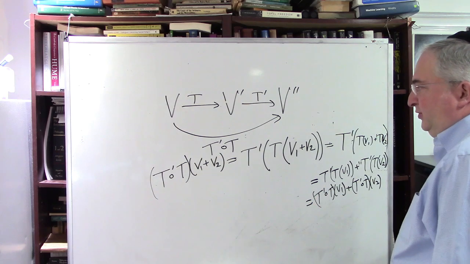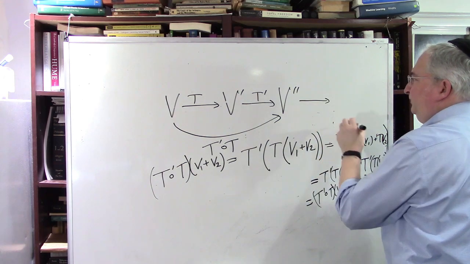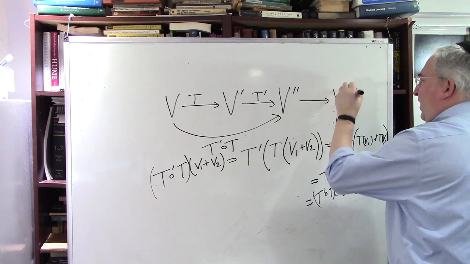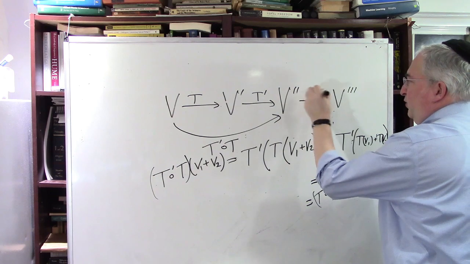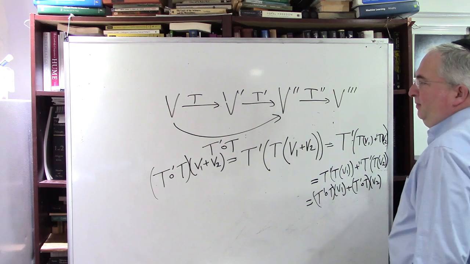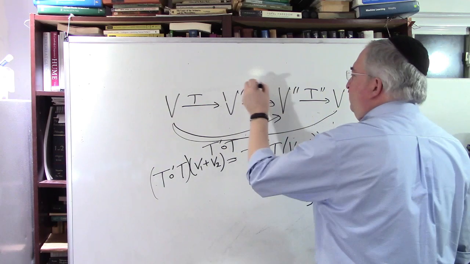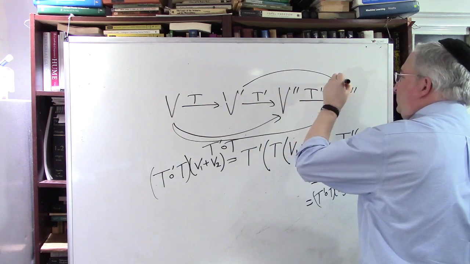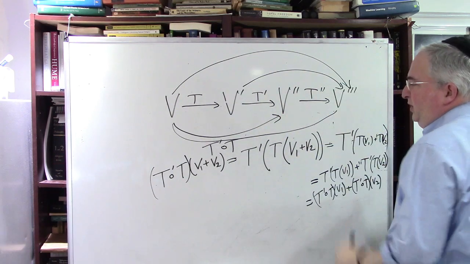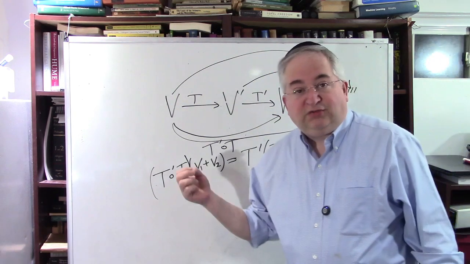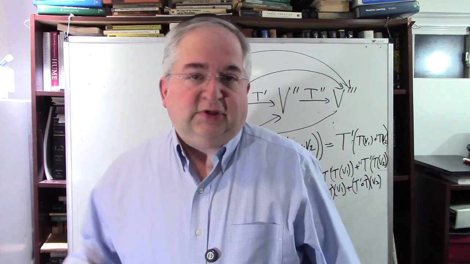What else? Well, guess what? If we had a fourth vector space, and we'll call this map T double prime, then we can compose like this, and we can compose like this, and then we can compose like this. Main point: composition of linear transformations is associative. We've seen this a lot.